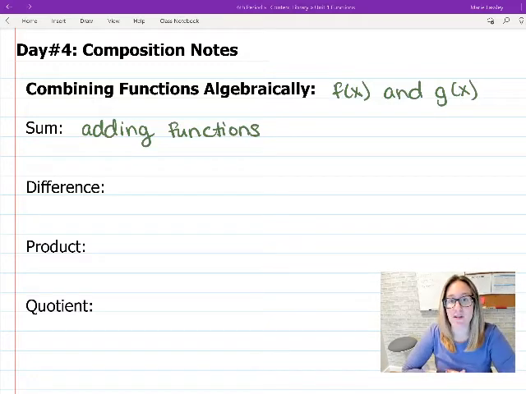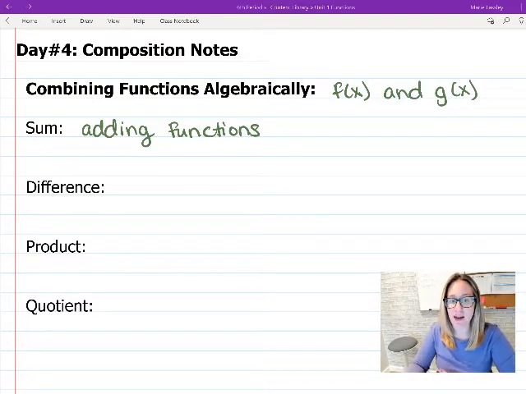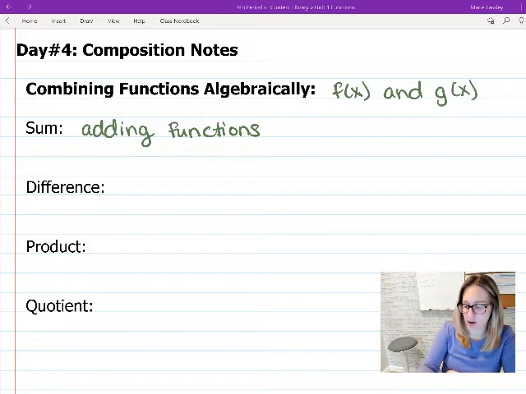All right, and the notation for this has two options. Depending on which textbook you have, which teacher you have, what internet website you go to, different factors play into what you're going to see in your future. There are two different notations, so I'm going to show you both of them. One notation looks like this.